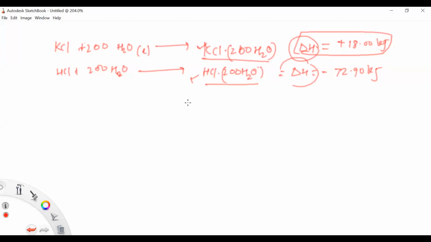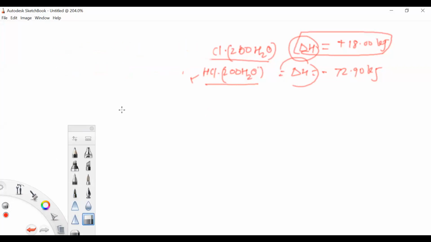So this is all about the integral heat of solutions. Now today we are going to discuss the differential heat of solutions. This is the concept, the differential heat of solutions.